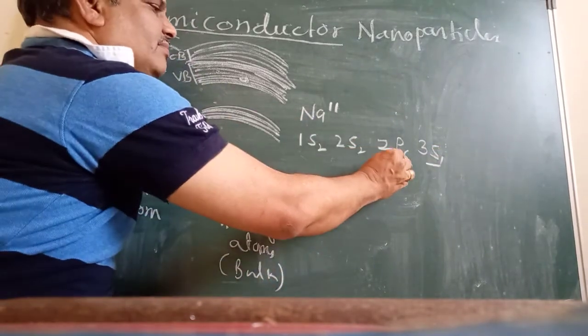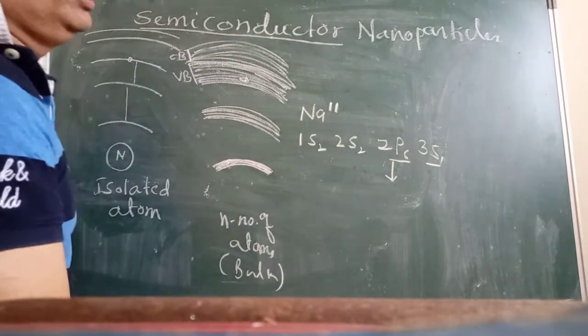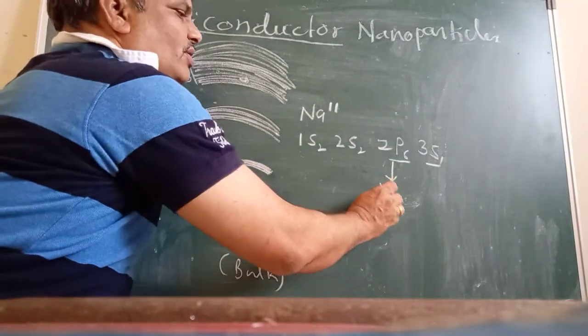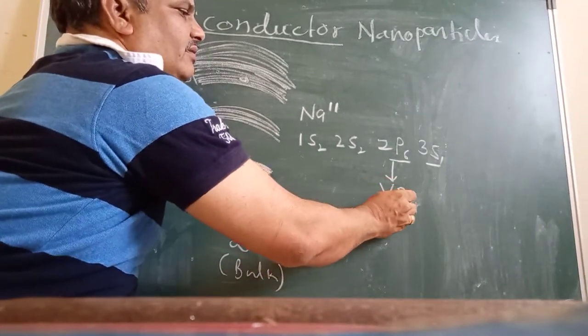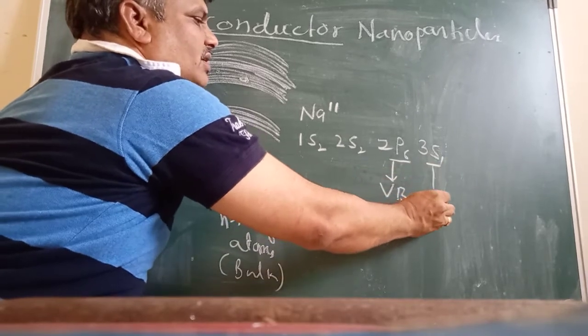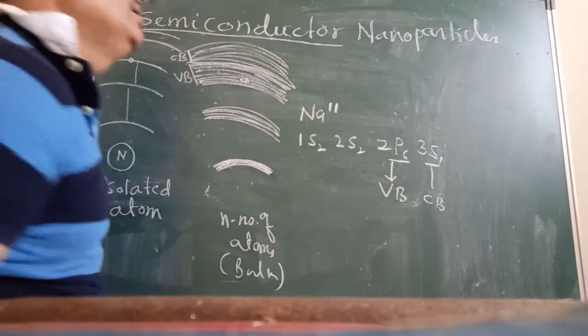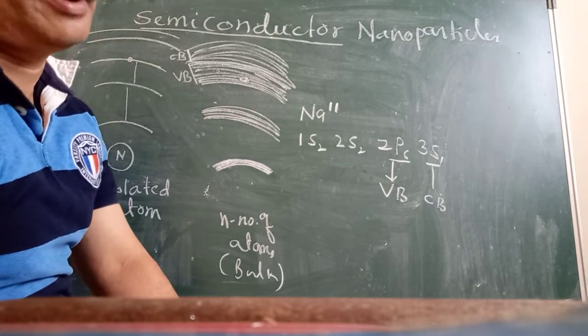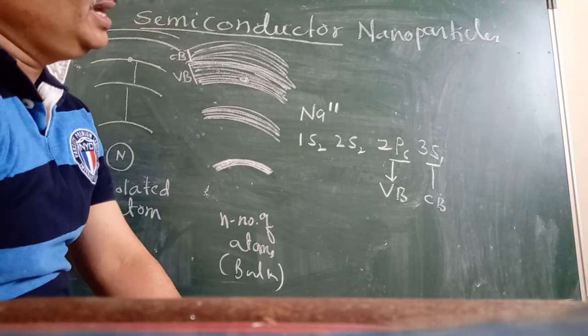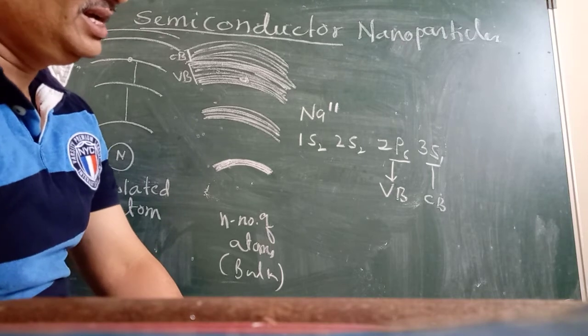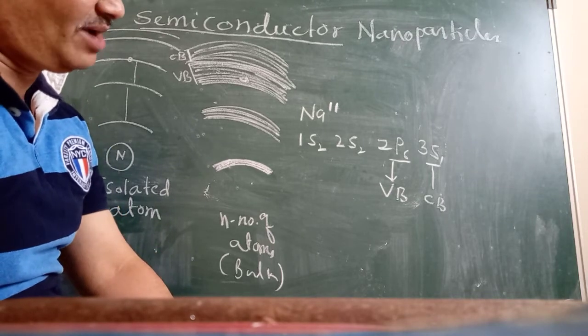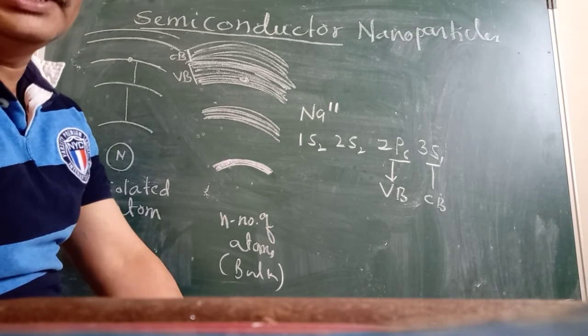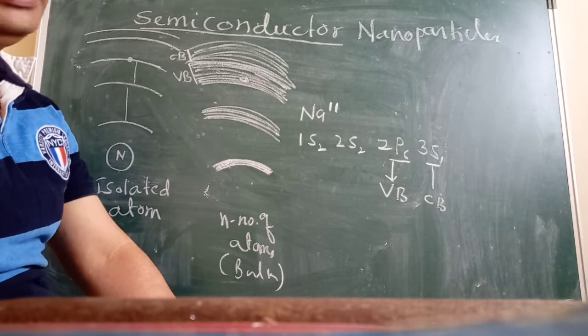The band corresponding to 2p is called the valence band, and the other is called the conduction band. The conduction band is either partially filled or completely empty, and the valence band is completely filled.